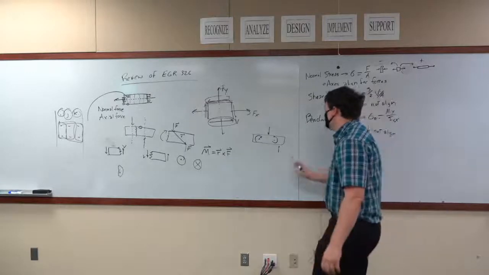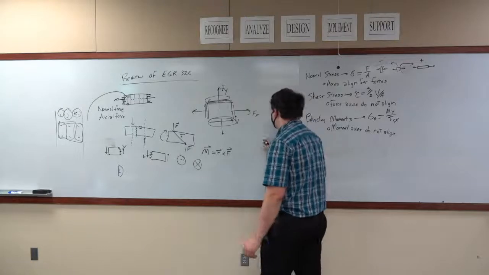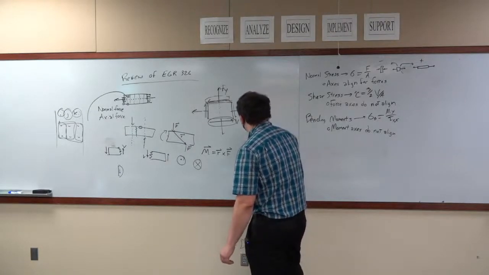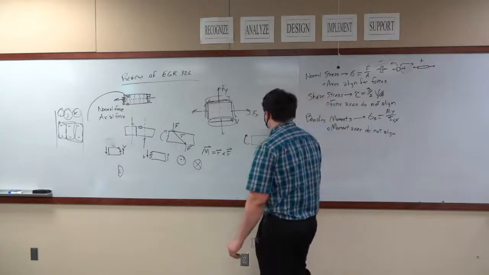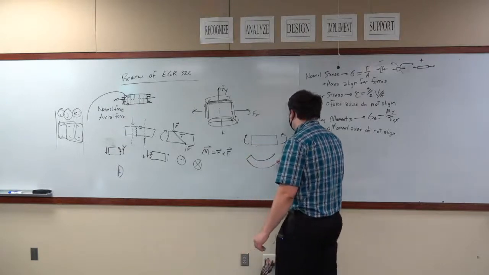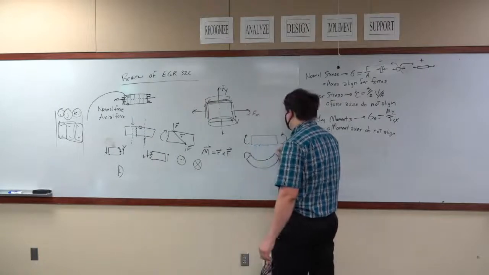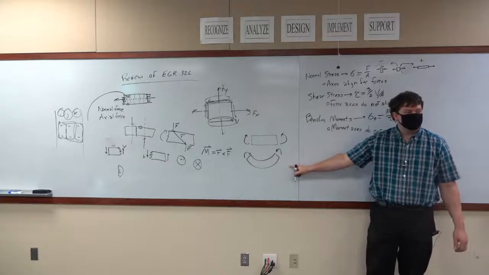What you have is, I'm going to go ahead and erase this. For a bending load, if I have a component like this and I exert a bending load like this on both sides, that's going to create this type of bending in the component. Now that's grossly exaggerated, but that's what the bending load does.